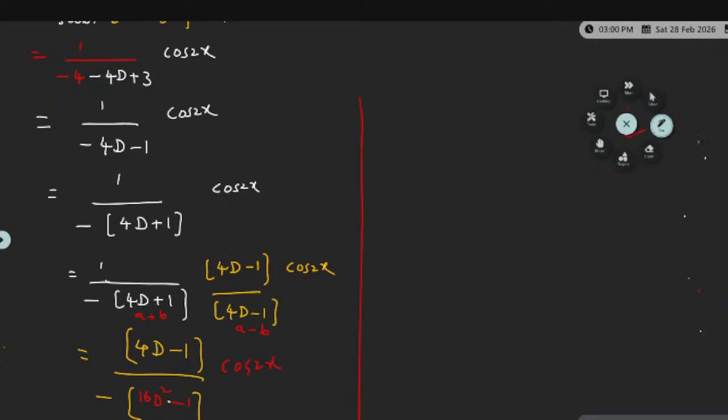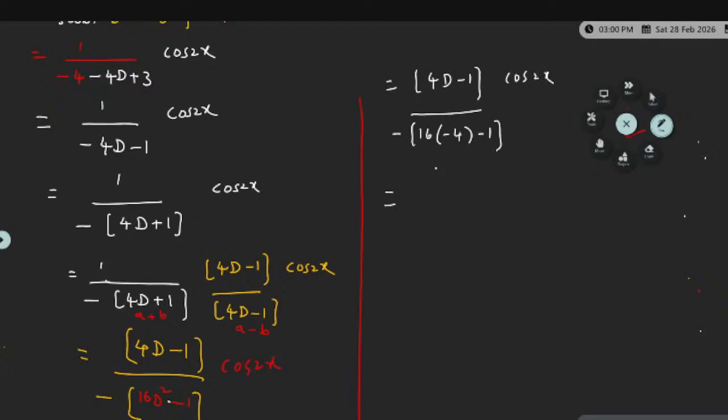Now substitute D square equal to minus 2 square. 4D minus 1 by minus, replace D square by how much? Minus 4 minus 1 into cos 2x.